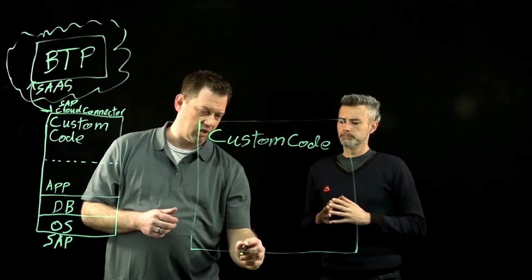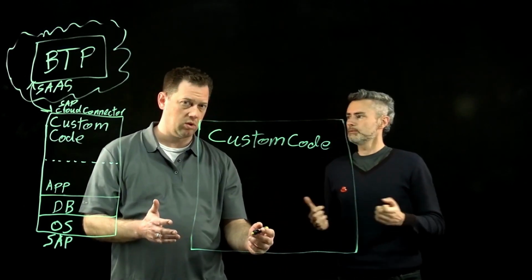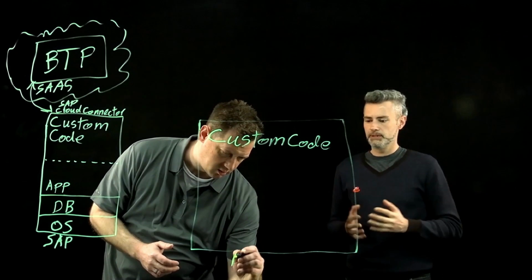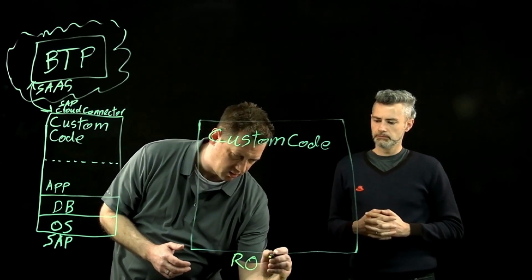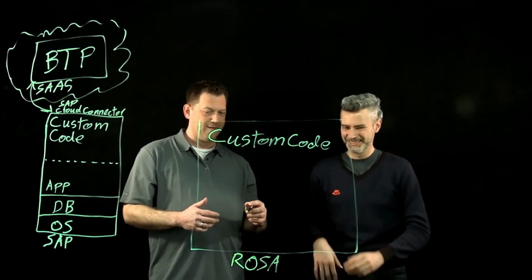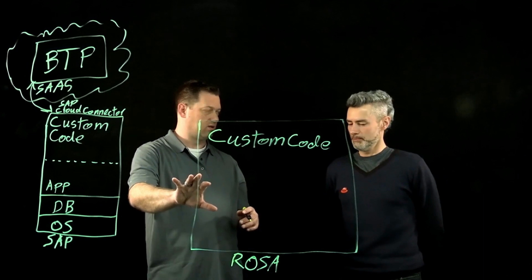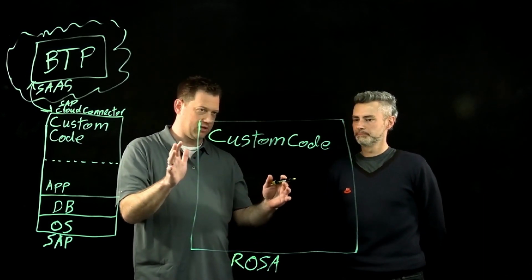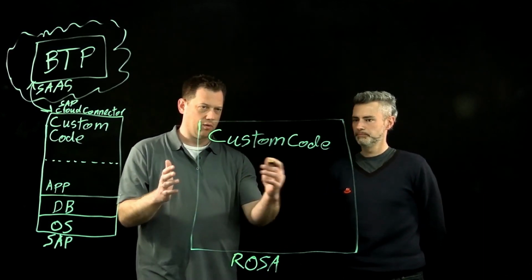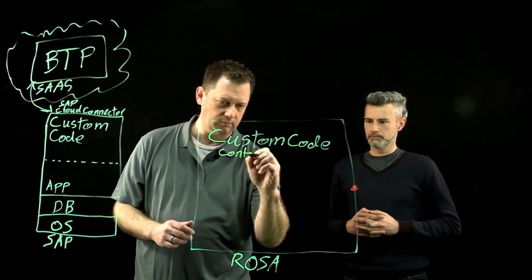So this could be OpenShift or it could be ROSA, Red Hat OpenShift Service on AWS. And that's a managed OpenShift. So it's simply a service that's available that we're running our custom code on here that we've containerized. That is correct.